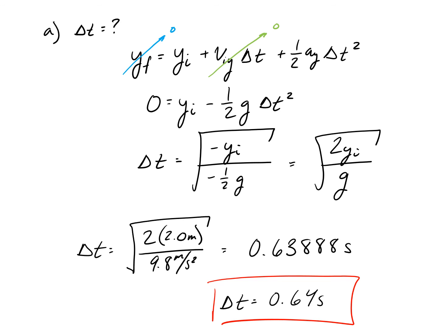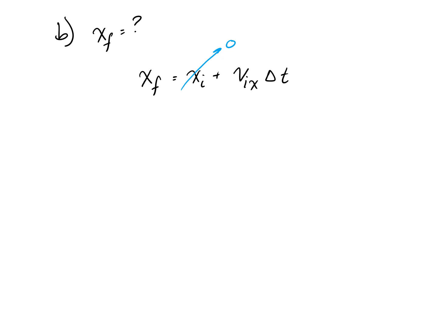So let's look at B. For part B, we are solving for the final position in x. We only have one equation that we can use. Again, based on my coordinate system, my initial position is equal to 0.